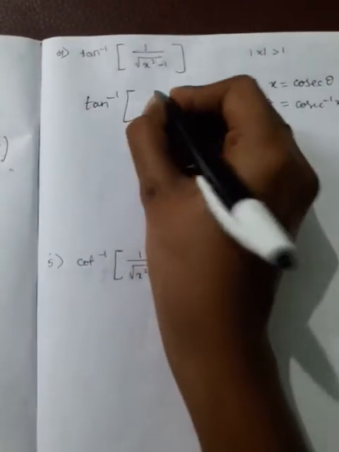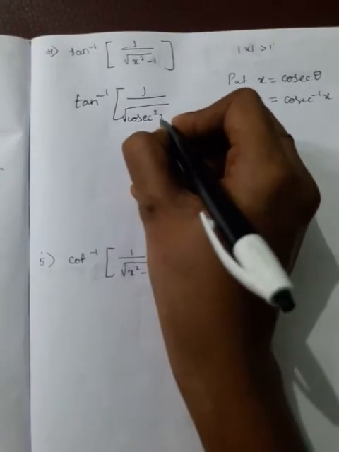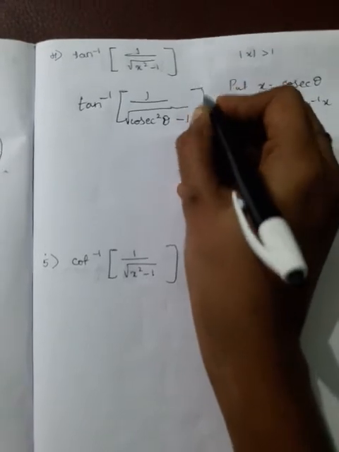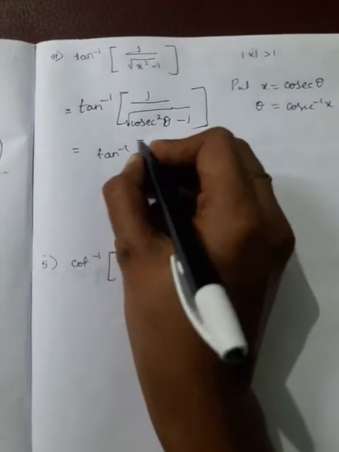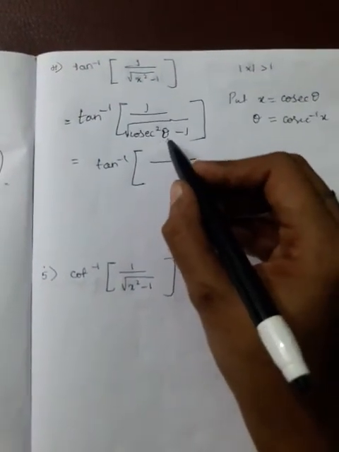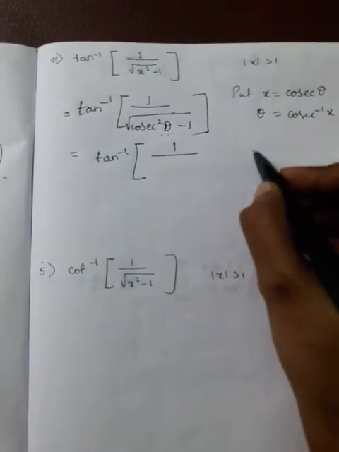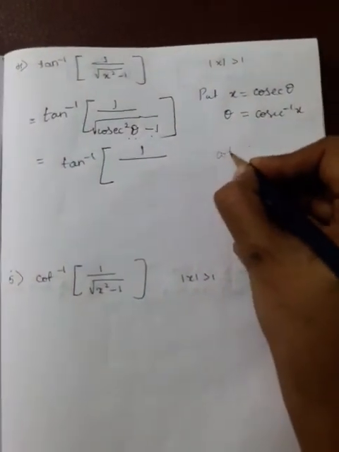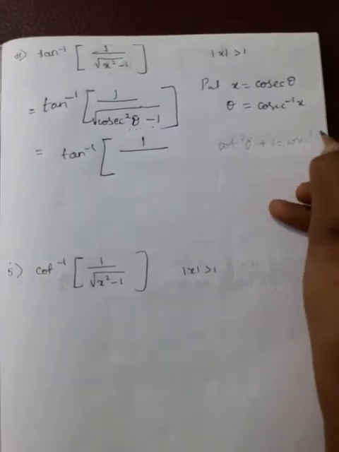Tan inverse of 1 divided by square root of cosecant square theta minus 1. We know that cot square theta plus 1 is equal to cosecant square theta.